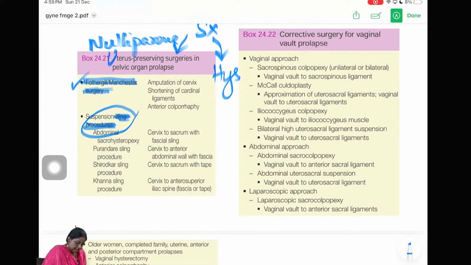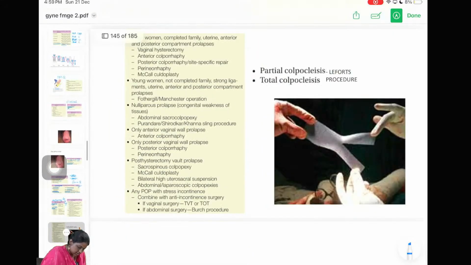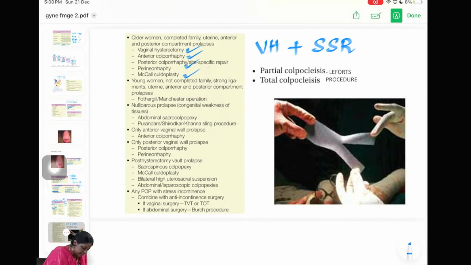And in the rest of the cases, you always combine vaginal hysterectomy with site-specific repair. So there is vaginal hysterectomy along with anterior colporrhaphy, otherwise posterior colporrhaphy, McCall's culdoplasty.